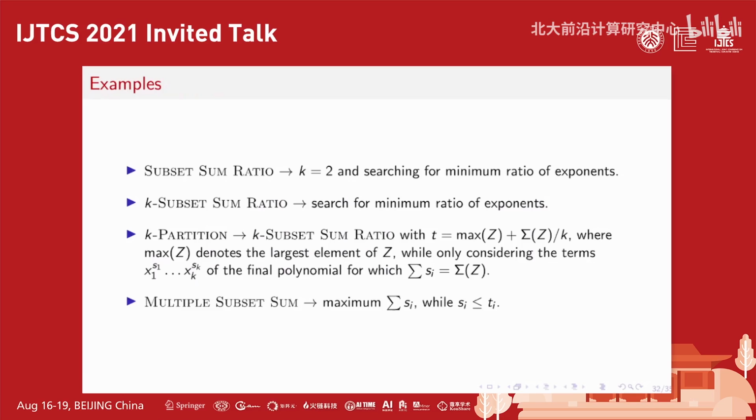And finally, we can also use our reduced polynomial to solve the multiple subset sum problem, where we simply have to maximize the sum of all the exponents, while also respecting our bounds.